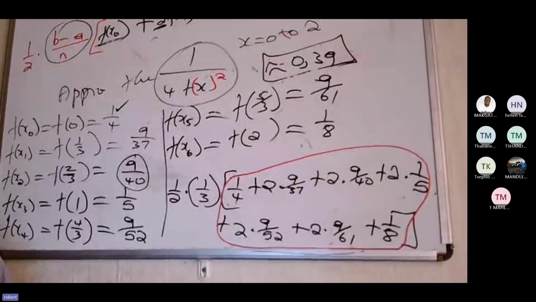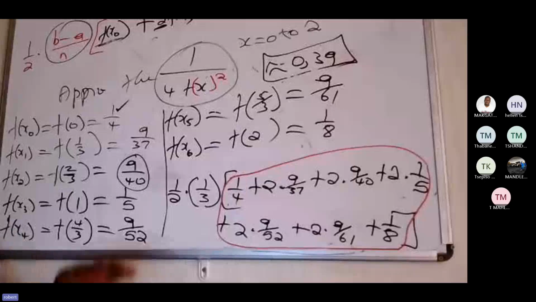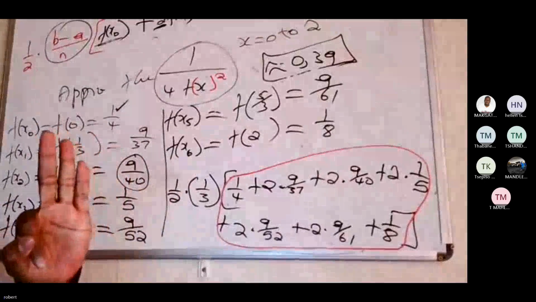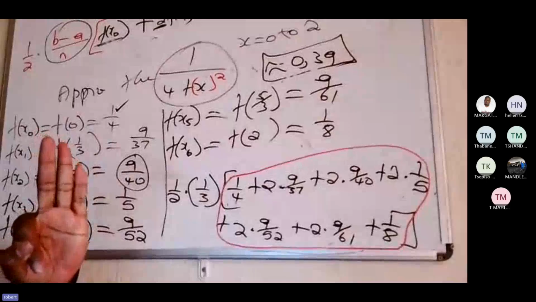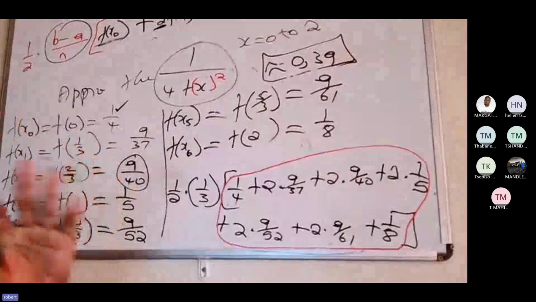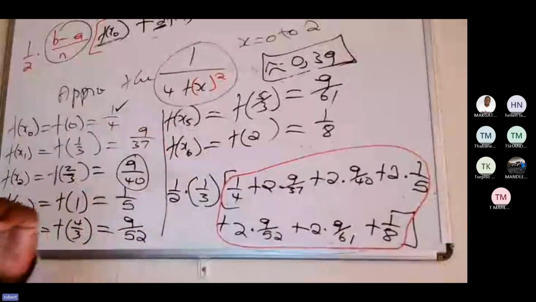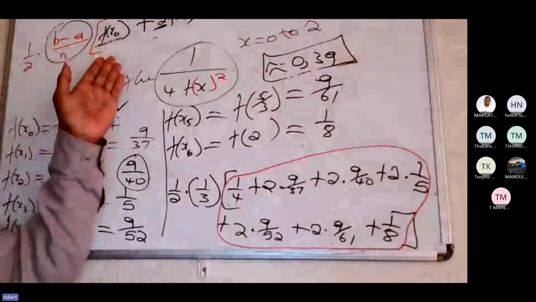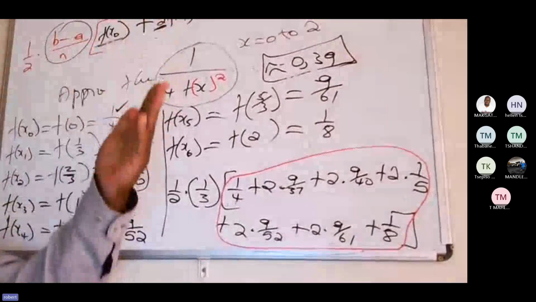Oh, finally, all good. Now, what we're saying is, there are three rules, three methods. Once you understand one, then the others work the same. Let's do the very same thing and use Simpson's rule.